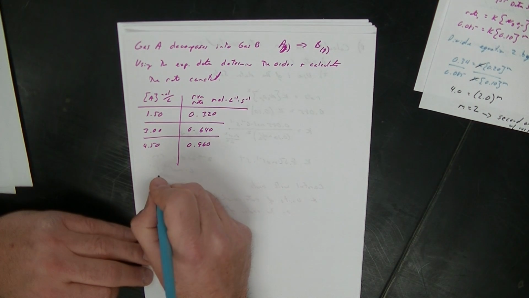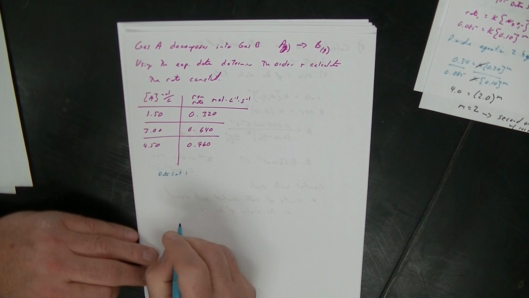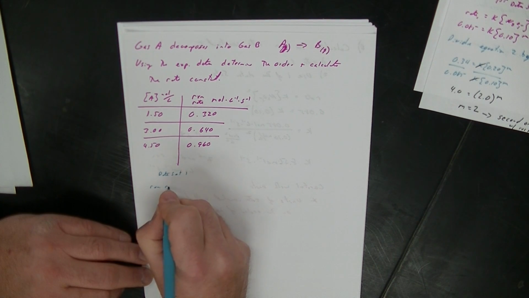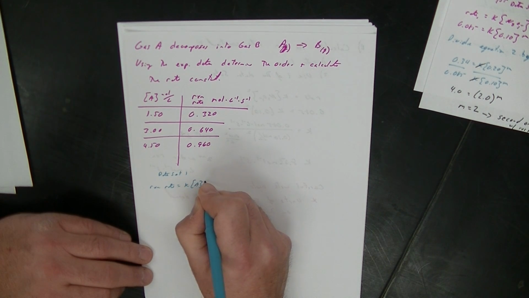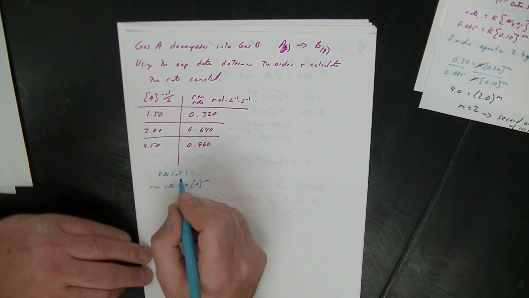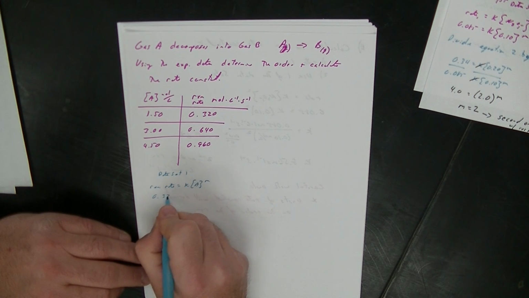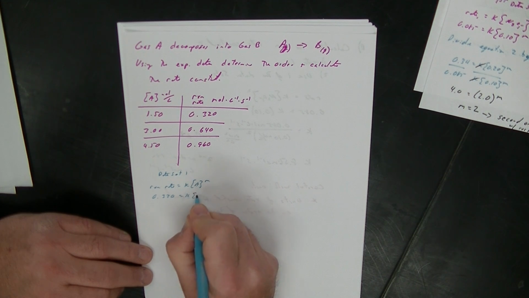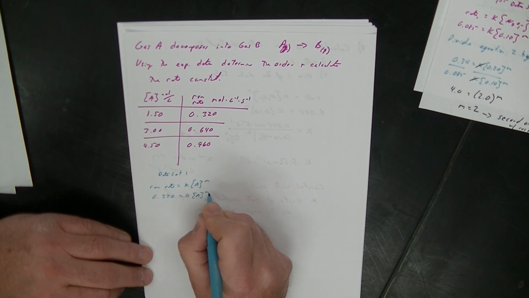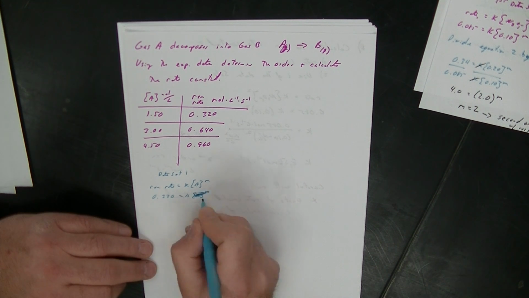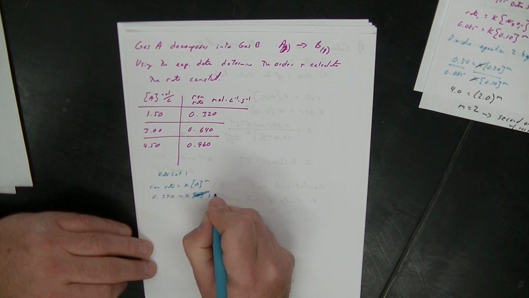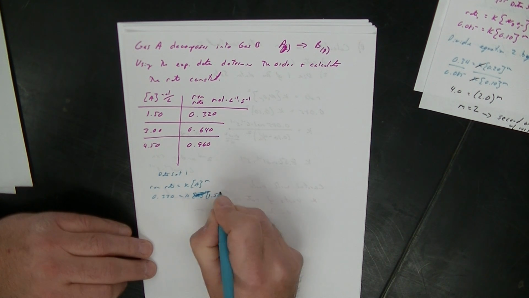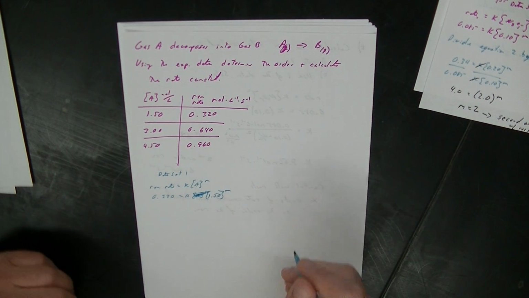For data set 1, my reaction rate will equal some constant K times the concentration of A to some order M. So 0.320 equals K times, we know the concentration is 1.50, to some order M. My bad.